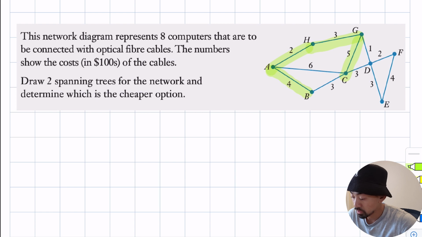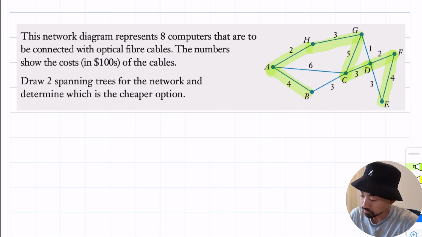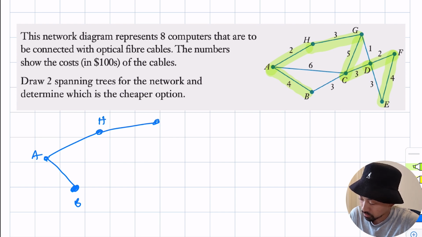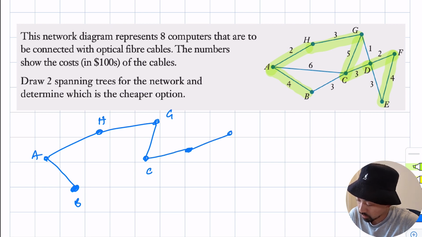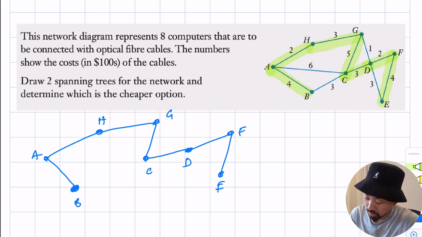So I've connected those ones. Now I'm going to go from C to D, D to F, D to E. So if I just redraw that, A, B, H, G, C, D, F, E. Okay, so just labeling this, I'll have 4, 2, 3, 5, 3, 2, 4.